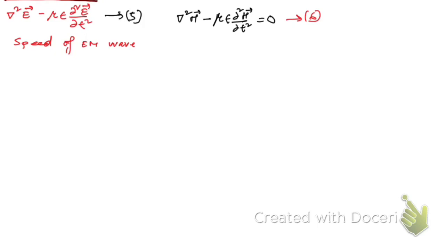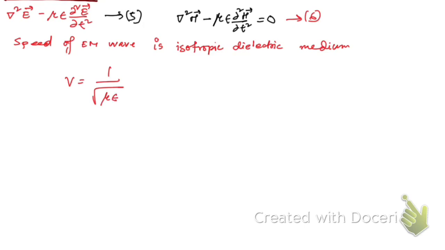Okay, wave in isotropic dielectric medium, that is V is equal to 1 by root over mu and epsilon.